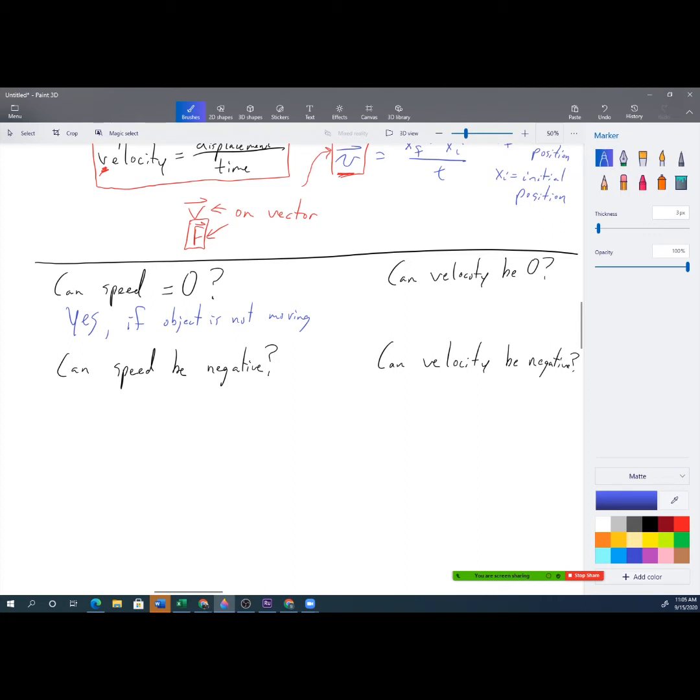Can speed be negative? Yes or no? Alright, I agree with the consensus, and I can't remember if the chat or if the emojis will allow Brody to show me that, but I agree with no. So why can speed never be negative?